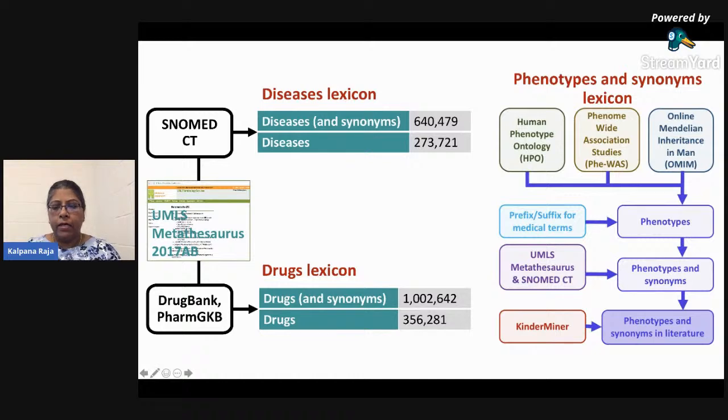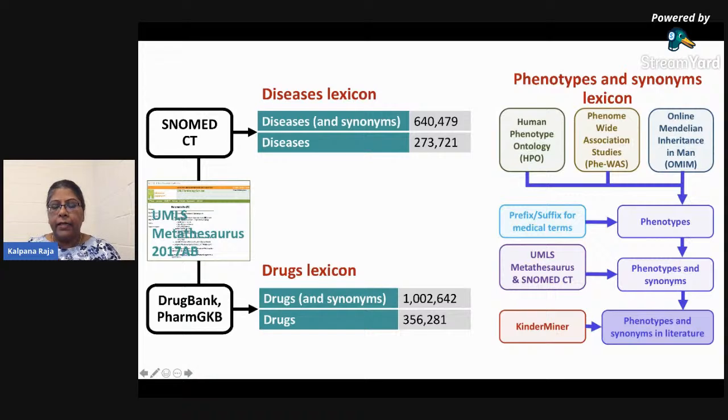This approach gave me new phenotypes, but it included some false positives as well. Then further, I included the synonyms for the phenotypes from UMLS Metathesaurus and SNOMED CT.